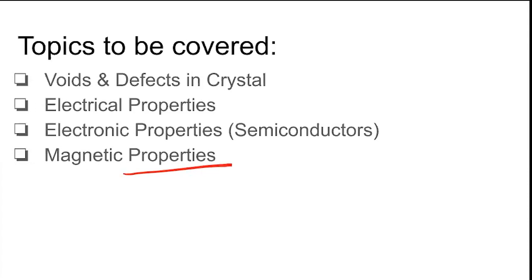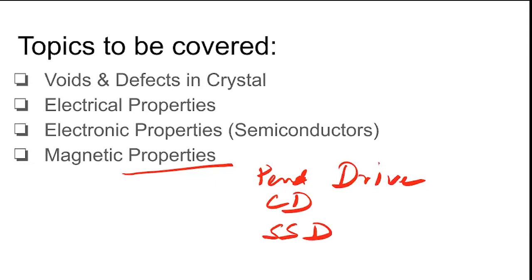These magnetic properties are important because there is a great impact upon many of the devices and gadgets we use. Like, if I tell you about the pen drive, everybody uses a pen drive, or say even a CD, or your SSD, solid state device, or even LCD.